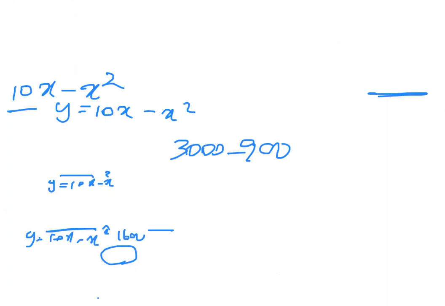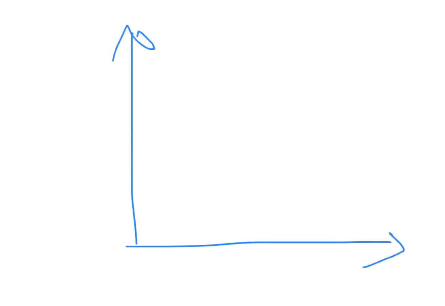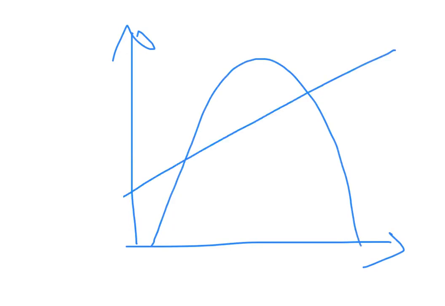Then we graph all the computed values for the revenue function and the cost function, right? So then you see that is the shape of our revenue function, and this is the shape of our cost function. The cost function is a straight line, and the revenue function has the shape of a parabola.